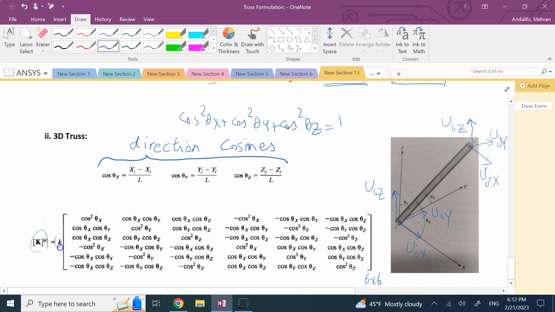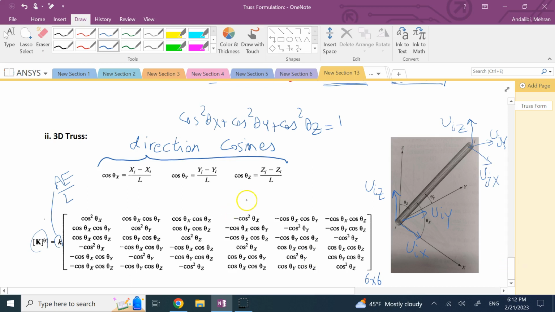And this K is still the same thing. This is still A times E over L for the whole member. And L comes from squaring these numerators, adding them together, and taking the square root. So we know the formula for L. K is the same, except, as I said, 6x6.